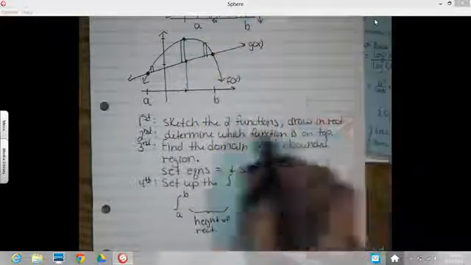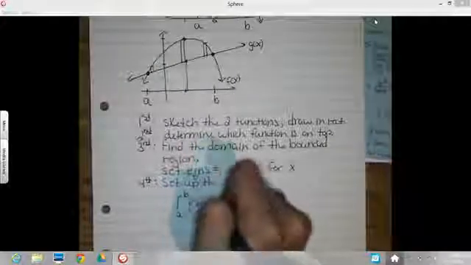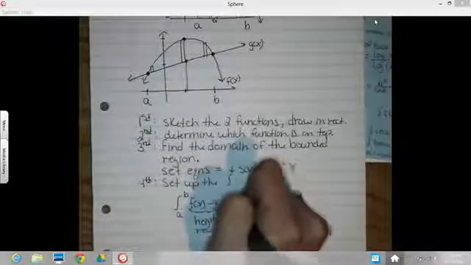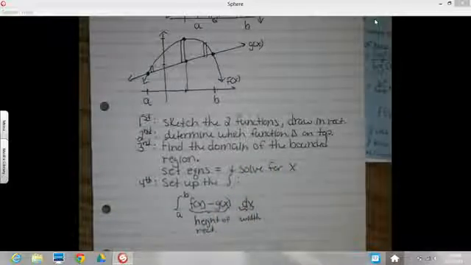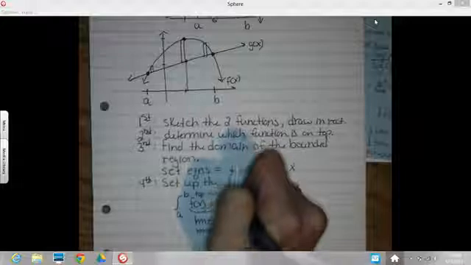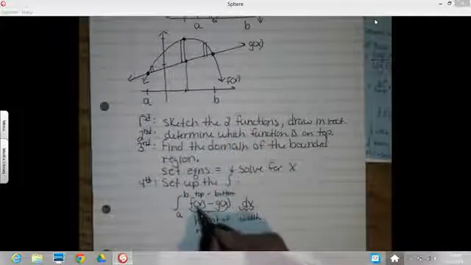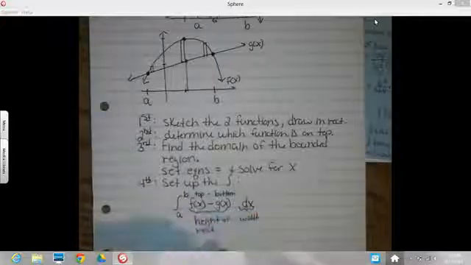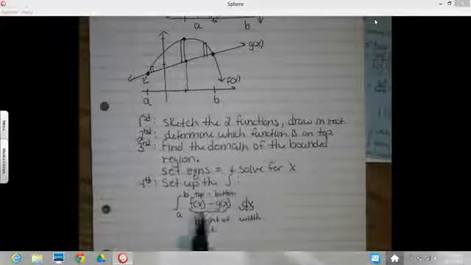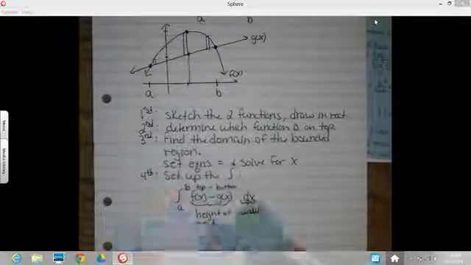So it's the top function, which is our parabola, minus the bottom function. That will give me my height, top minus bottom. If you get those reversed, it's just going to give you a negative area like we talked about back in chapter 5. And then we just solve it. Do the integration like we've been working on for months now.